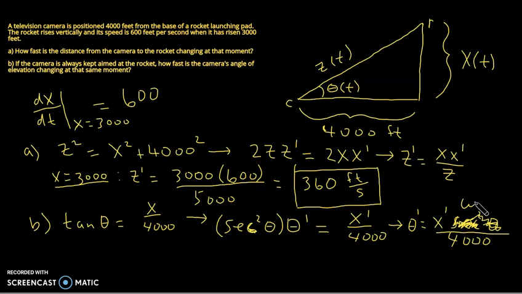So let's just change that to a cosine squared theta there. And that'll take care of the fact that what we really did from here to here is multiply both sides by cosine squared theta.